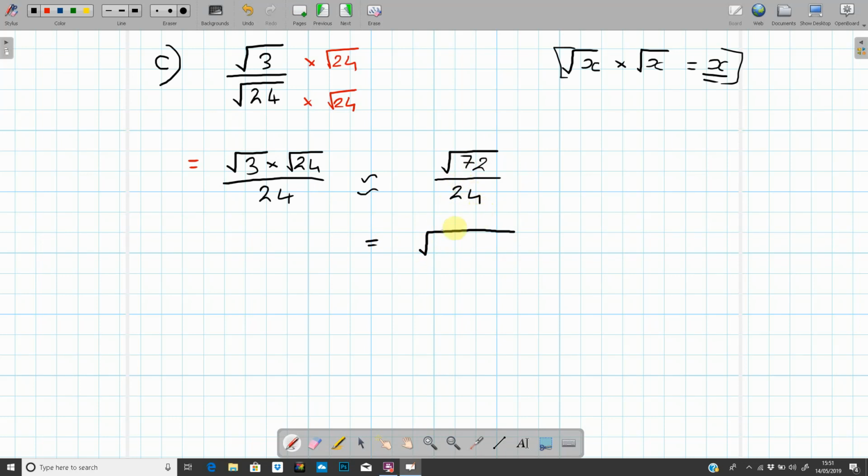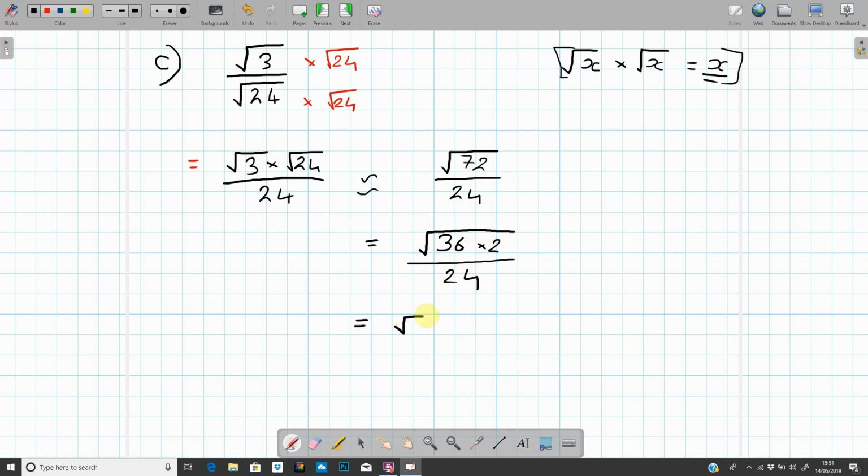So, let's try 36 times 2, because this 2 is going to be the smallest surd possible, and we're using one of the key numbers that can simplify completely. And that's all divided by 24.